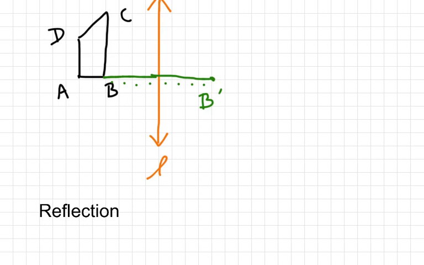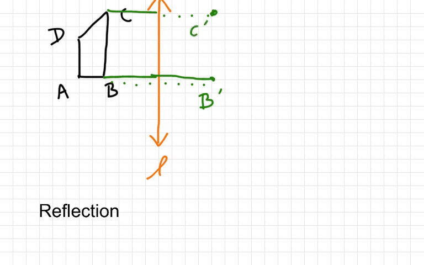Here again, just like we did before, some of you might be comfortable enough now to go ahead and draw the rest of the figure. That didn't work out so great for me with our translation. I had to fix it, so I'm going to be a little careful here, and I'm going to look at vertex C, and I need to go straight at the line of reflection, and I need to go 4 spaces, so C prime is going to end up here. That's a C prime that I didn't do a great job of writing up there, so let's label it here, C prime.